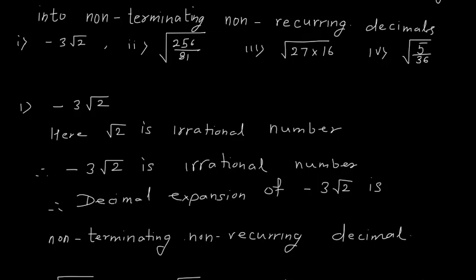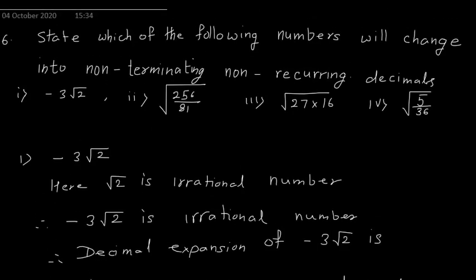And the last one is root 5 upon 36. Now square root of 36 is 6, so this is root 5 upon 6. Now root 5 is an irrational number, therefore root 5 upon 6 is also irrational, and its decimal expansion is also non-terminating, non-recurring. So we have done all the problems.